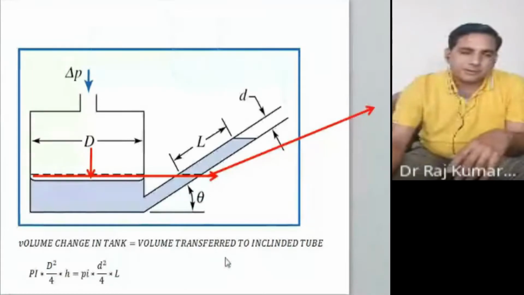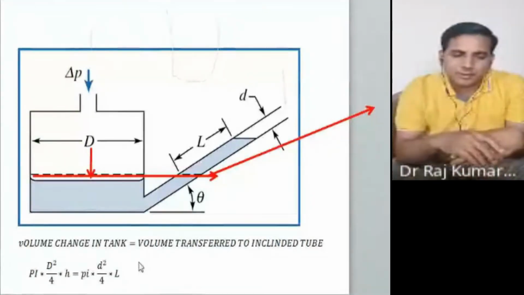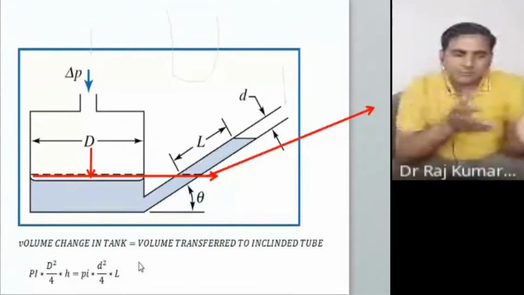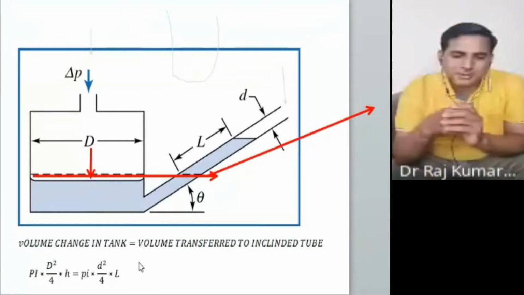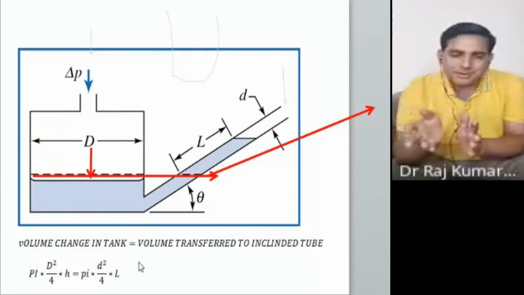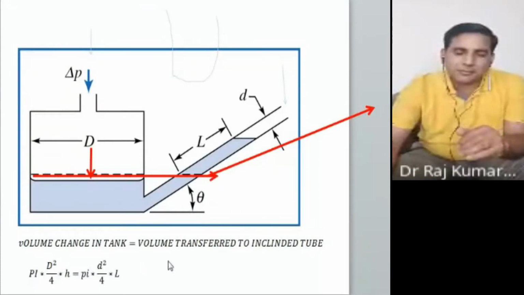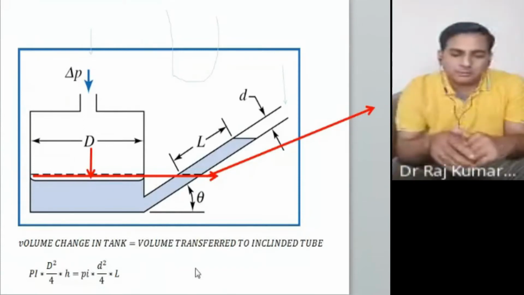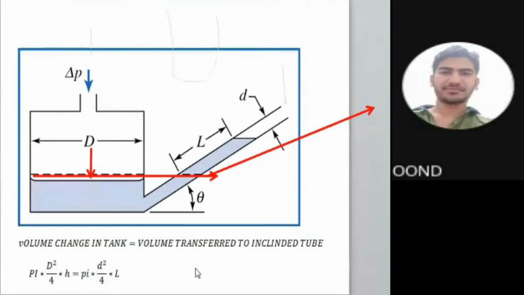So what would come from here? Previously you defined the sensitivity of the manometer as L divided by H when we are taking water. So L divided by H would come from here. What would come here? Capital D upon small d, right? Capital D upon small d. That's what will come here.